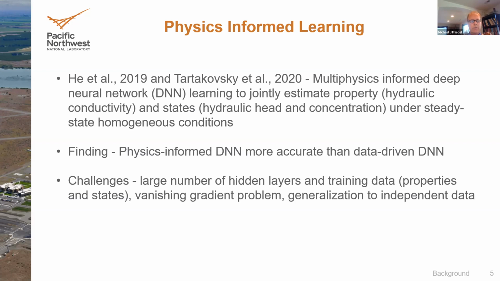The primary finding is that the physics-informed deep neural network is more accurate than the traditional deep learning neural network. Some challenges in implementing a deep neural network include that they require a large number of hidden layers and a large number of training data. They're subject to something called the vanishing gradient problem, and they oftentimes have trouble generalizing to independent data.